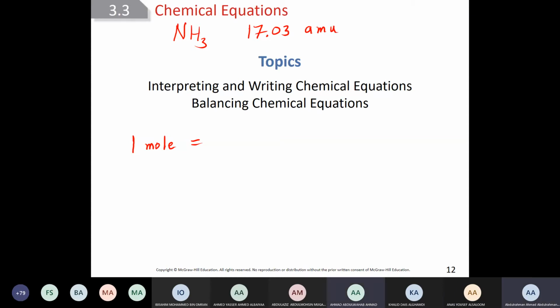Keep this in mind. What's the mass of 1 mole of NH3? 17.03 gram. I prefer to write gram NH3.